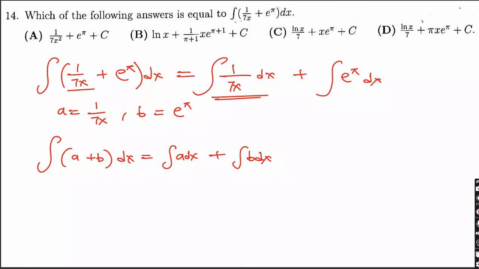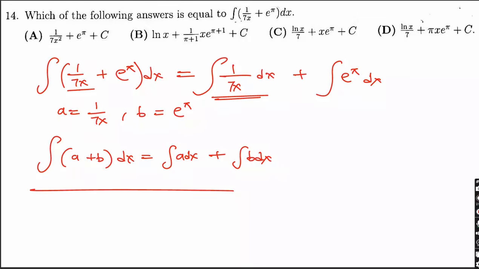We need to understand this: let me even write it here in a box so that you'll be able to remember. The integral of k dx, where k is a constant, is just going to be equal to k multiplied by x.